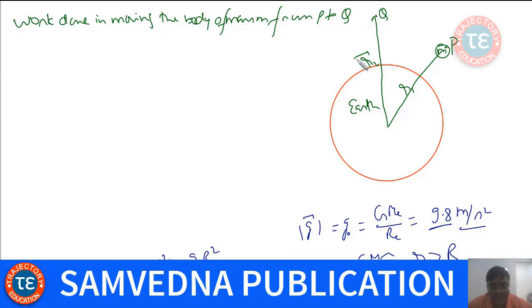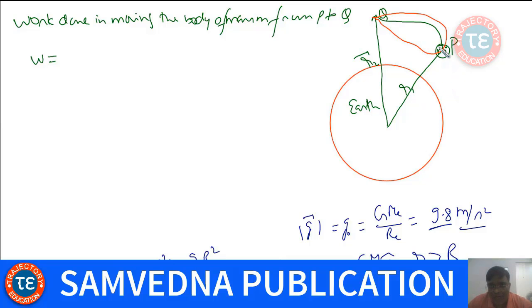Work done in moving the body extremely slowly from point P to point Q. Suppose this point P is at a distance of R1 and point Q is at a distance of R2. Okay, so see, when you do any work, you have to move the body quasi-statically, means every time while moving the body from P to Q, whatever be the path, it can be anything.